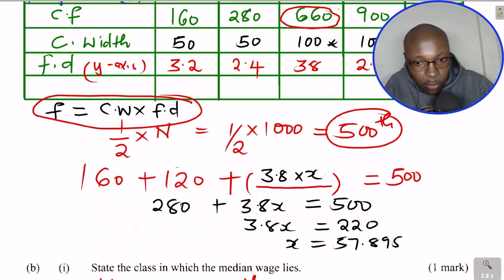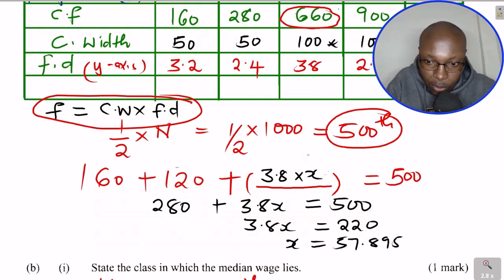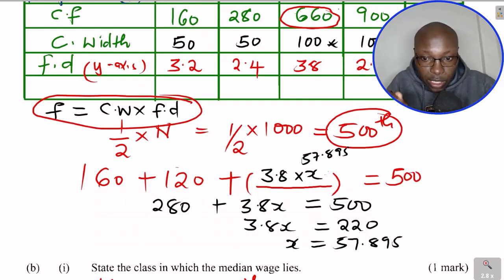Now you can confirm with 57.895. When you add 160 plus 120 plus 3.8 times 57.895, that will give 500, and 500 is where we shall have the median. That is the most important thing.